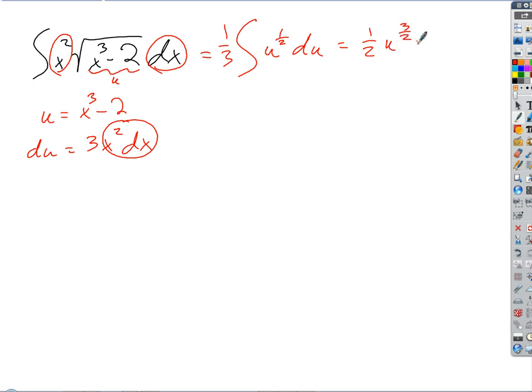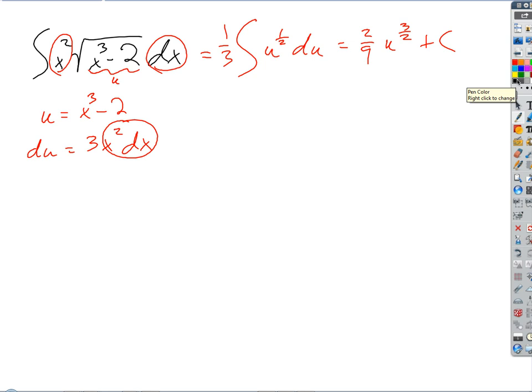Yeah. Times 2/3, so I need 2/9 up front, don't I? Right, because I've got u to the 3/2 times 2/3 times 1/3, which is 2/9. Okay. And then plus c, what's the last thing to do?